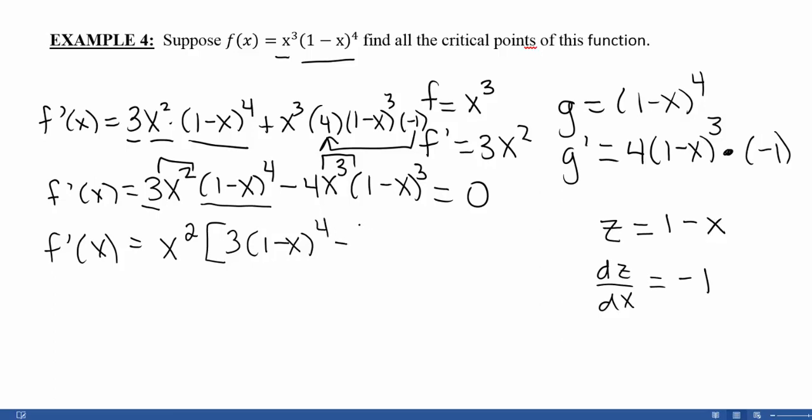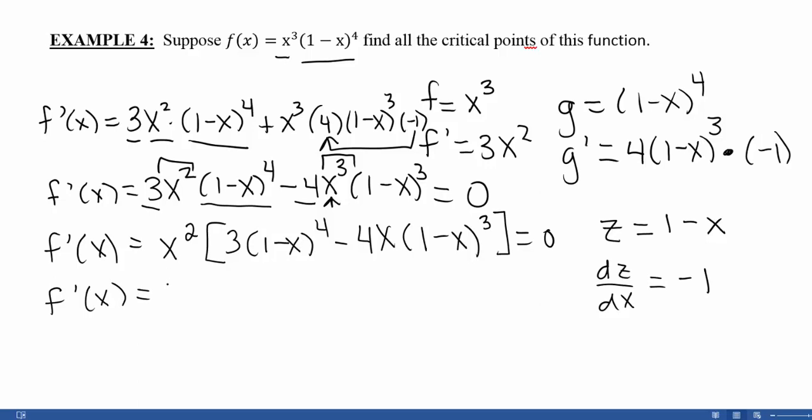From my second term, I'm left with a 4. Now remember, I only pulled out an x squared, and this was x cubed. So I still have an x, and then 1 minus x cubed. And remember, I'm trying to figure out when this all equals 0. So now I want to consider factoring out a 1 minus x term. So again, I'm going to look at the powers of 1 minus x and pull out the lowest power. The lowest power is 3.